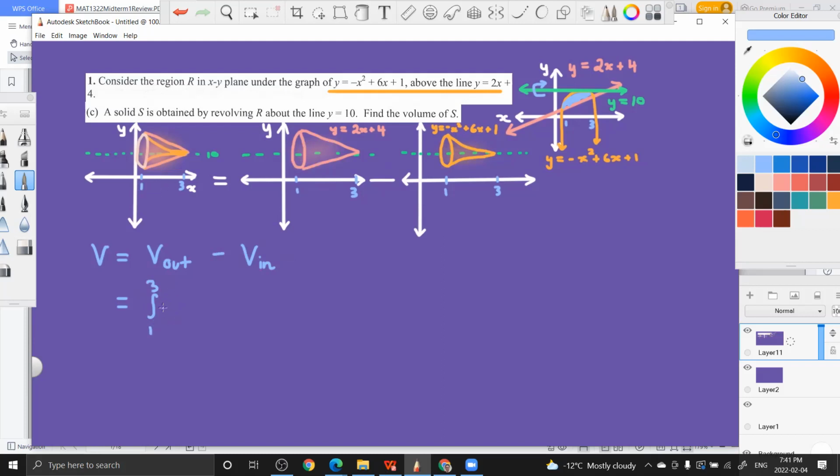And then we have the area of the outer function in terms of x minus the integral from 1 to 3 of the area of the inner function dx. So let me show you how to find the area for A out and A in.